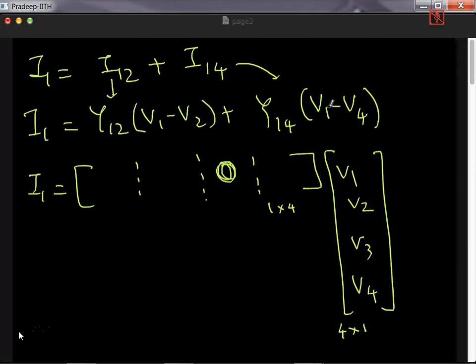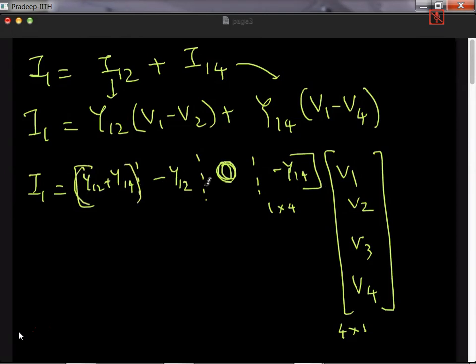Now what are the coefficients of V1? I have Y12 into V1 and Y14 into V1. So here I'll get Y12 plus Y14. This term will get multiplied with V1. Then look at the 2. So minus Y12 is here. That's all. So minus Y12. And the last one, V4 is here. So minus Y14. So like this. So how do you construct this row?